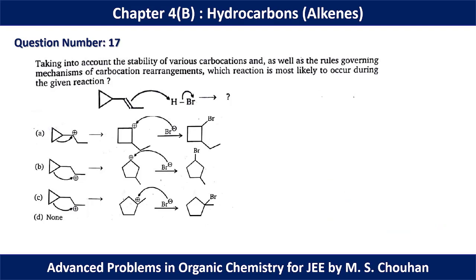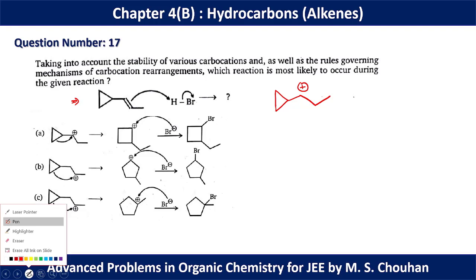In question number 17, if this is the starting molecule, obviously we are going to form this kind of positive charge, and basically this is known as dancing resonance, and this is a very popular rearrangement of carbocation. Okay, so effectively we have to bond the dancing resonance part like this.